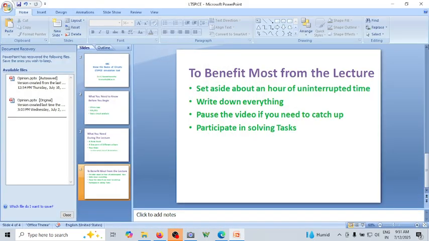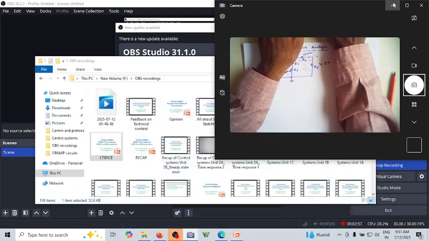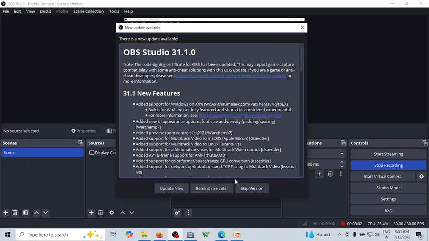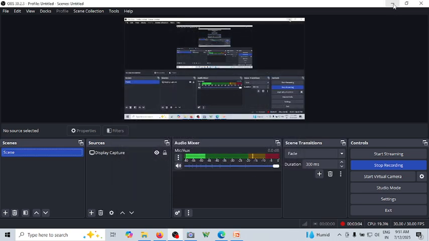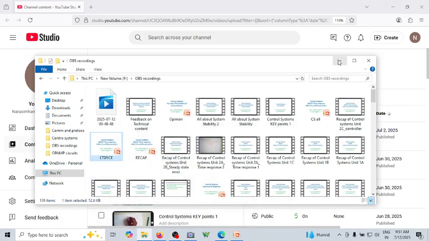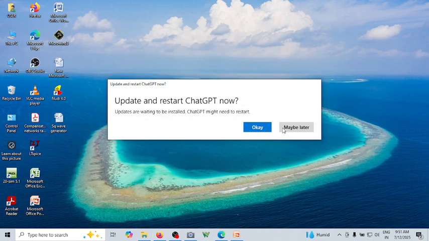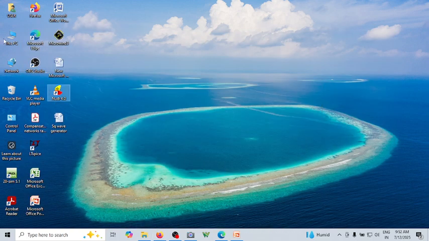Okay, let me open LTspice. Give me a minute. There are two folders opened. Okay, this is my LTspice.